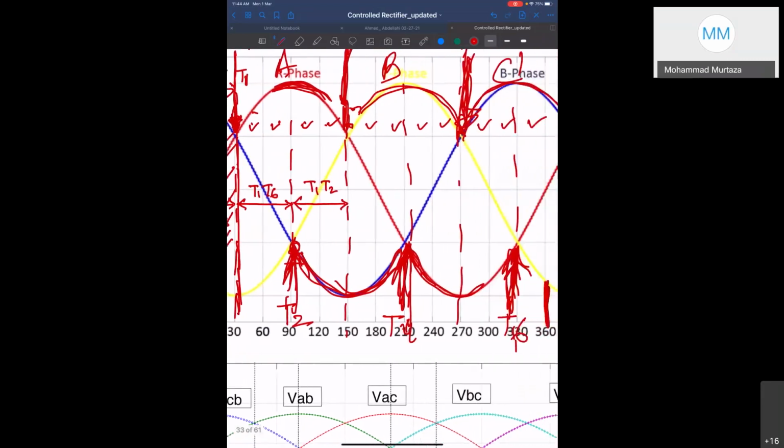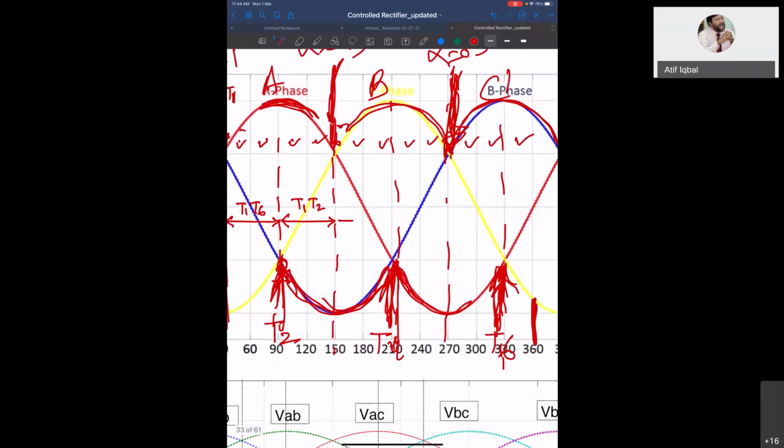And then from here to here, T2, T3. Yes, because T3 has now started from here. And then T3, T4. And then from here to here, T4 and T5.